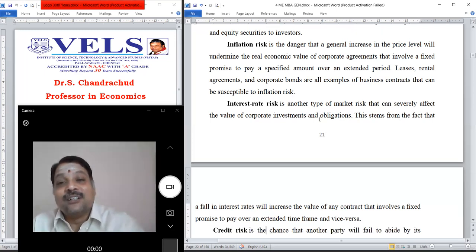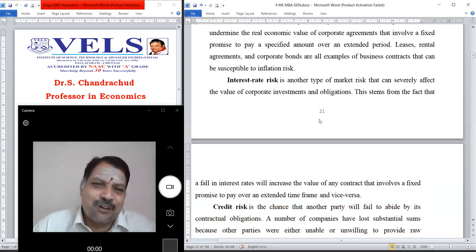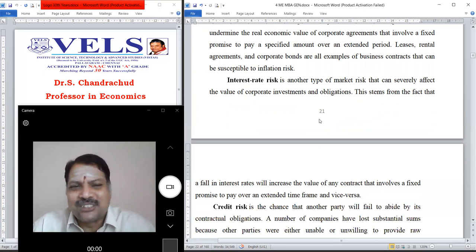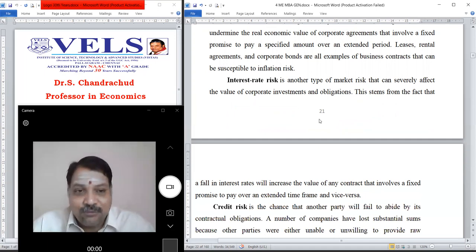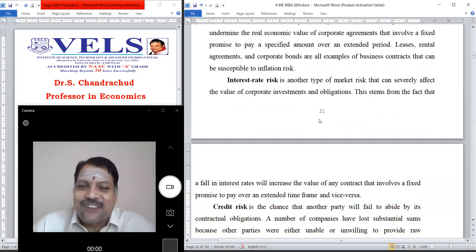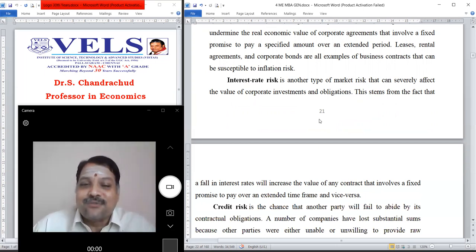The fourth influencing risk is called interest rate risk. It's another type of market risk. Why? Because it severely affects the value of corporate investment and your obligations. This stems from the fact that a fall in the interest rate will increase the value of any contract that involves a fixed promise to pay over an extended time frame.